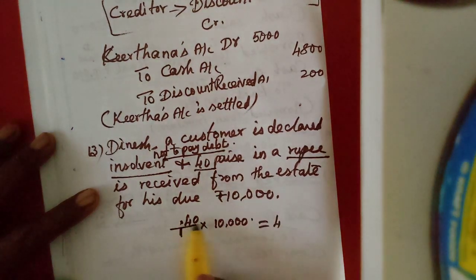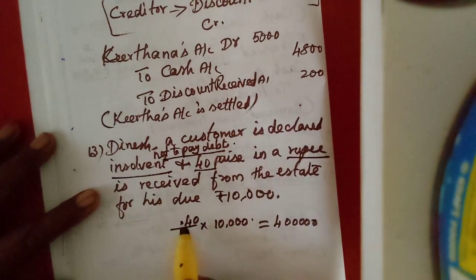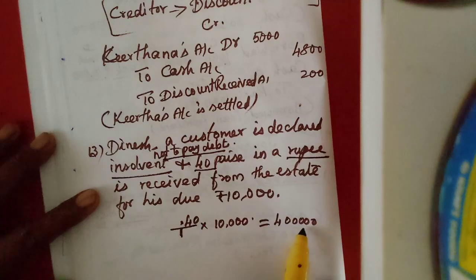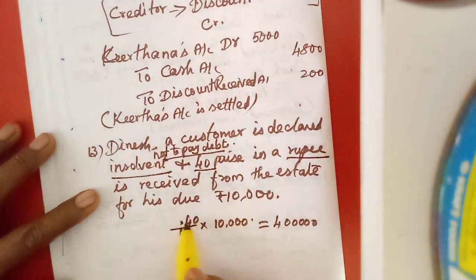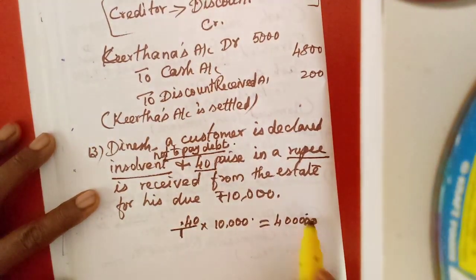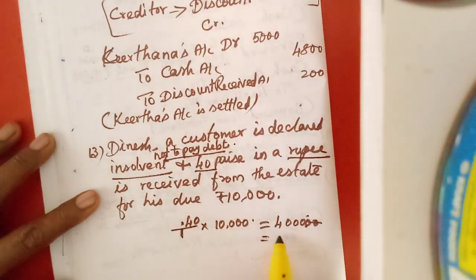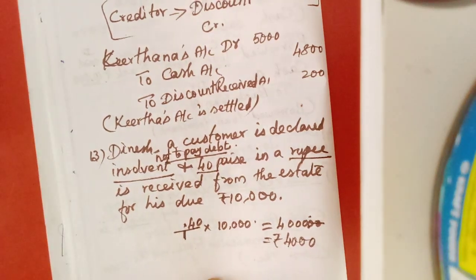Then write all the zeros: 1, 2, 3, 4, 5. So if we multiply this one, 40, 1 into 4, 4. Now 2 digits we need to keep here. Then this one we can cancel. So how many rupees can we get? 4,000 rupees only we can get from it.